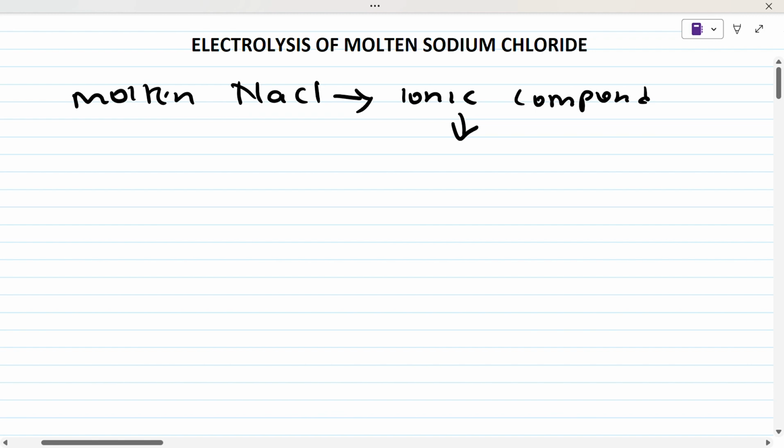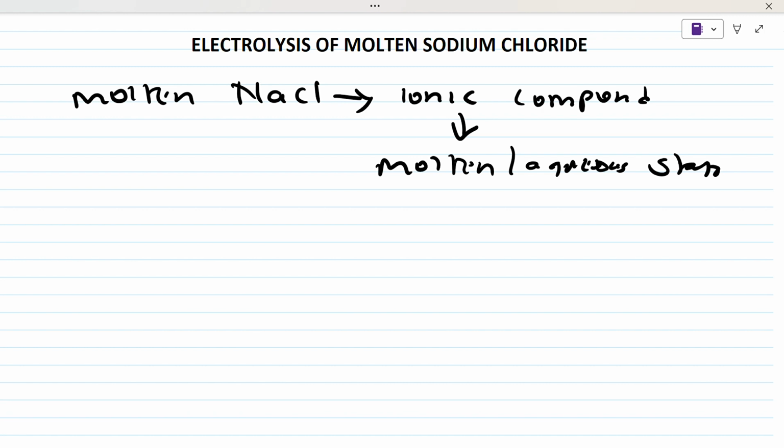And as I said previously, ionic compounds conduct electricity in molten or aqueous state. Now, you really need to understand what molten and aqueous state is.